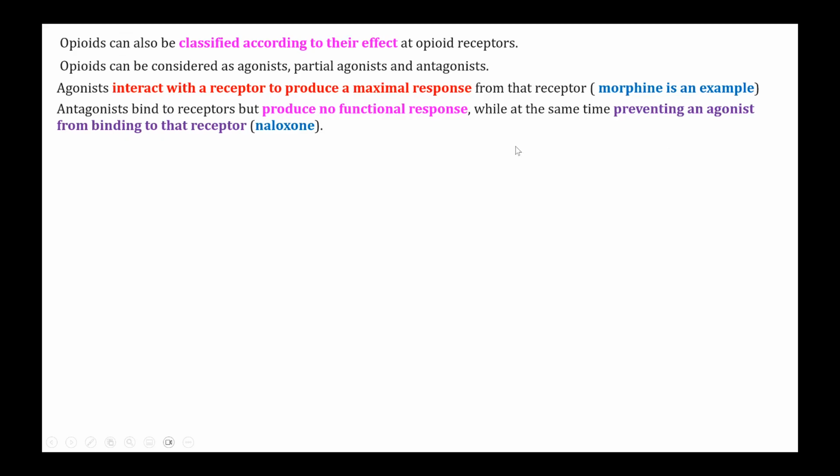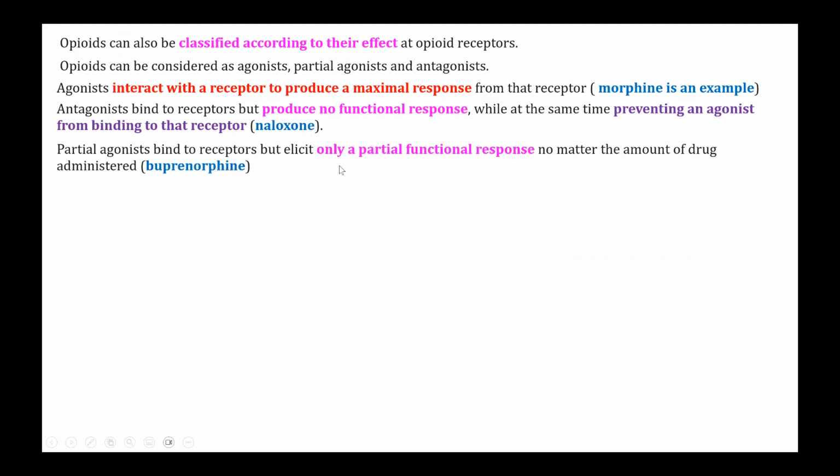An antagonist like naloxone also binds to the same G protein complex receptor, but it does not produce the normal analgesia and other things like your opioids. On the contrary, it is able to reverse the effect of the opioid, whereas a partial functional response is produced by a partial agonist, where it will produce the analgesia component.